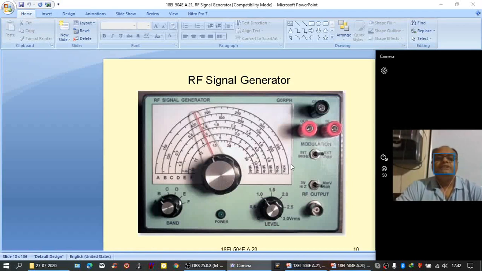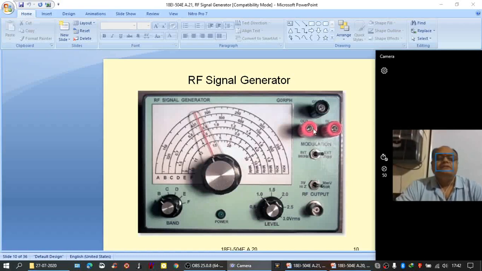This is in terms of frequency, starting from a few hundreds of kilohertz to a few megahertz. Say for example 100 kilohertz to a maximum of 40 megahertz, it will provide signal in 6 different frequency ranges, right?